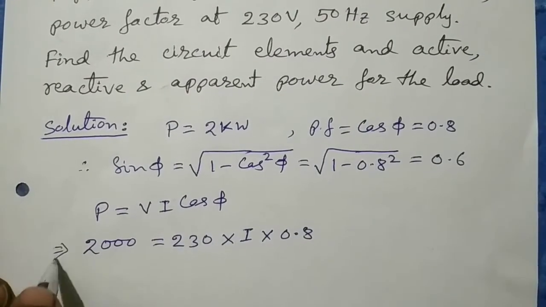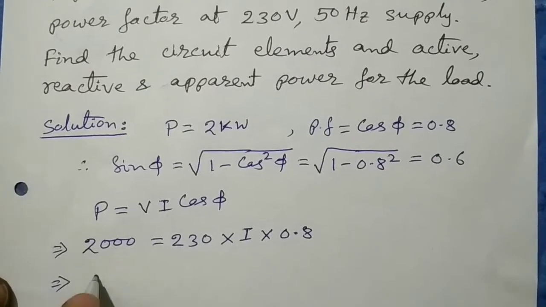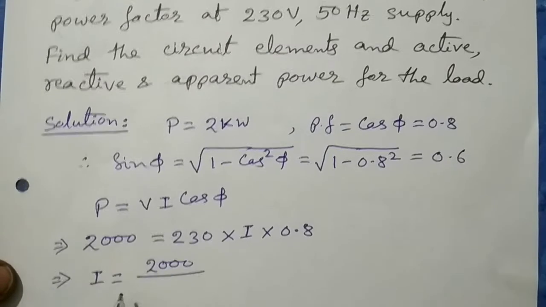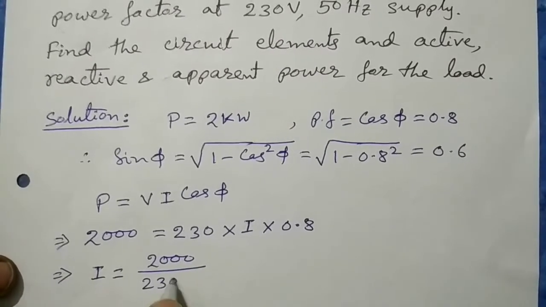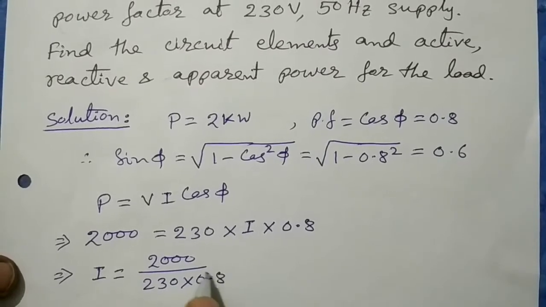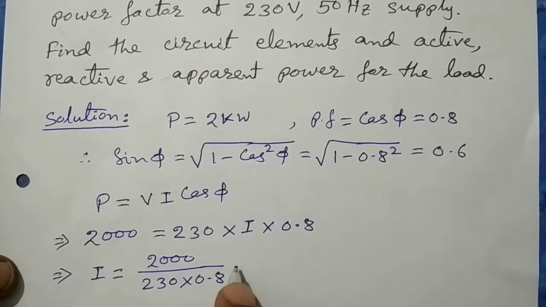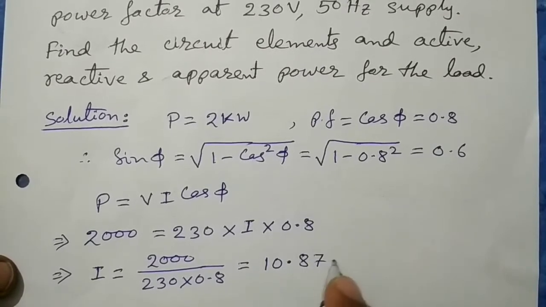So after simplification, we will get the current, that will be 2000 upon 230 into 0.8. So the value of the current will be 10.87 ampere.